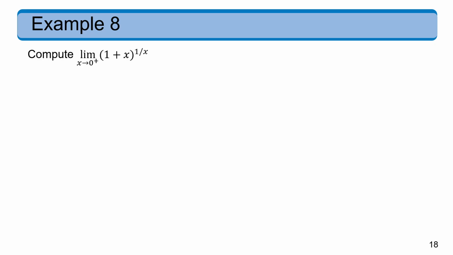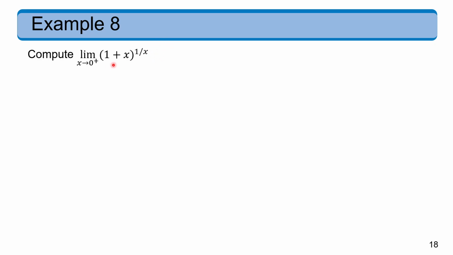Let's look at this limit. We're letting x approach 0 from the right, and we have an exponential expression where we have a function of x raised to a power that's also a function of x. Let's take the limits separately. So for the base, as x goes to 0, 1 plus x will approach 1. So the base is going towards 1. Now the exponent is 1 over x, and as x approaches 0, that fraction will go to infinity.